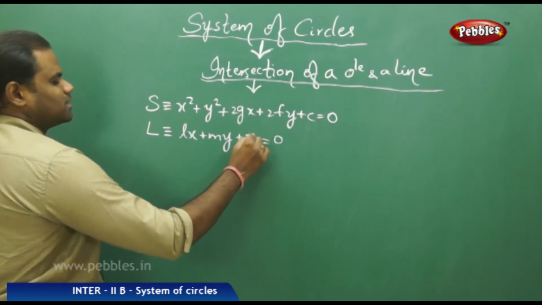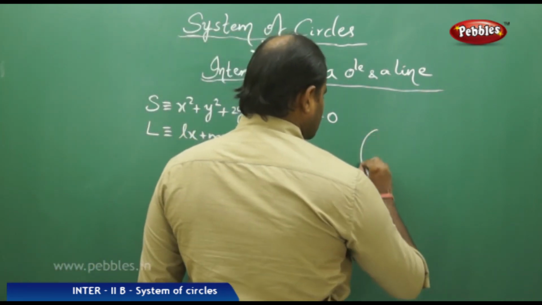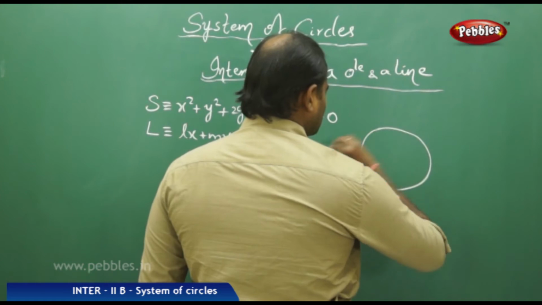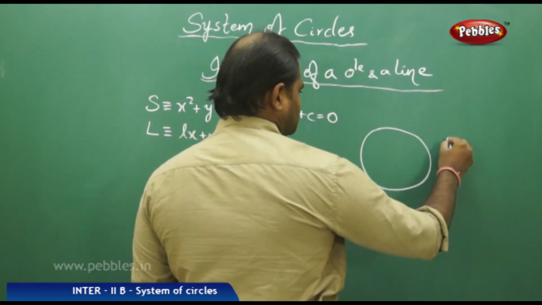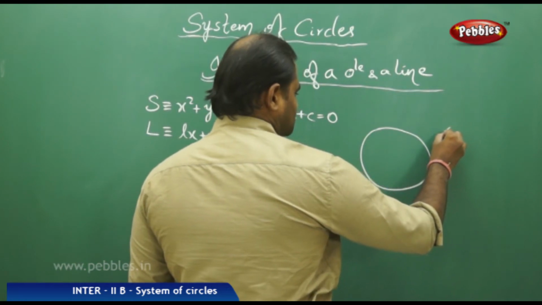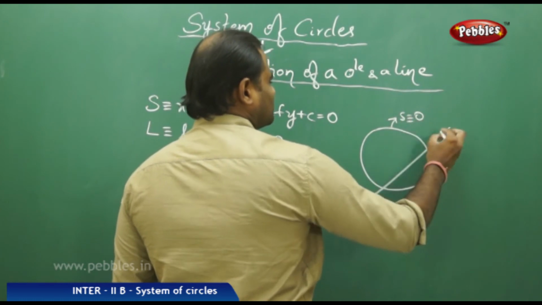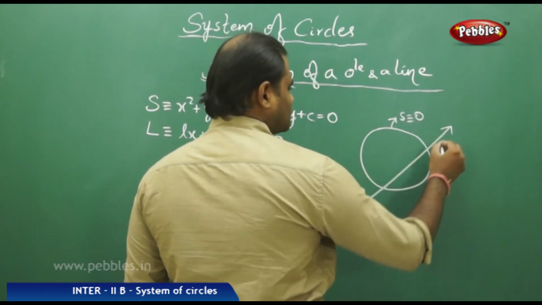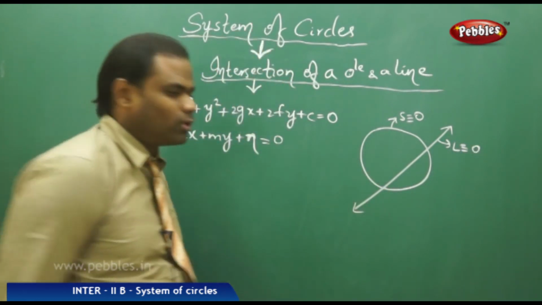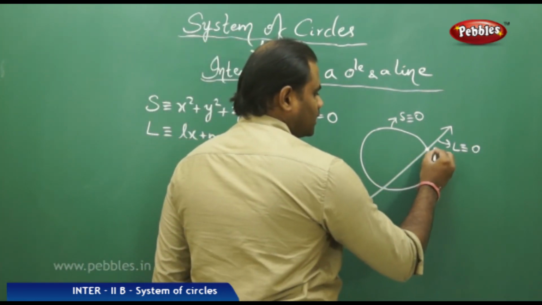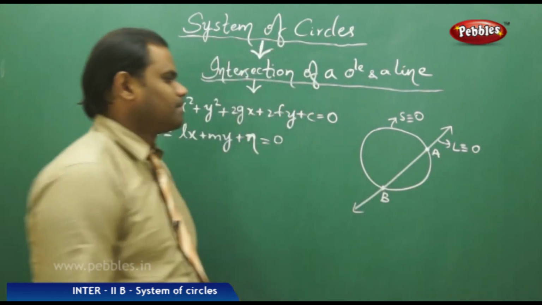Now with this basic information of a circle and a line, if there is a circle and there is a line which intersects the circle at here, so this is the circle and this is the line which intersects at 2 points, say A and B.